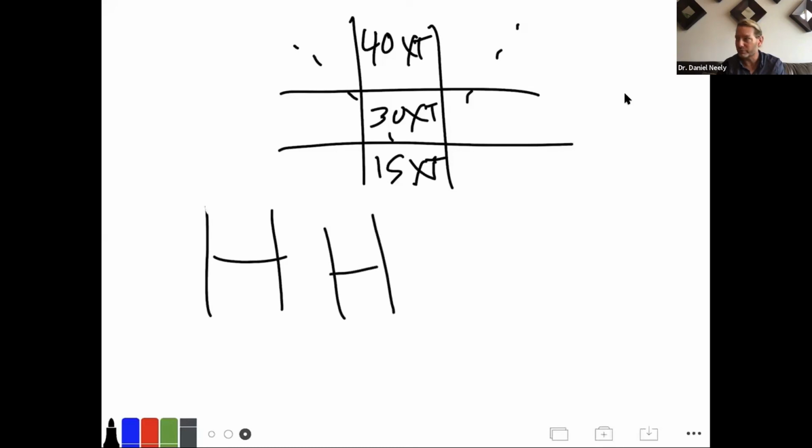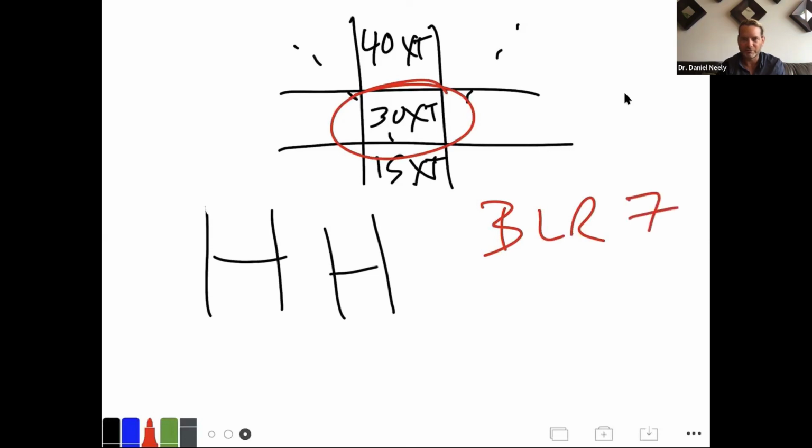All right, well, what do you do with them? Well, there's no oblique muscle dysfunction. So in this case, we're going to look at this number right here, the 30 XT. So that's a bilateral lateral rectus recession for me of about 7 millimeters.